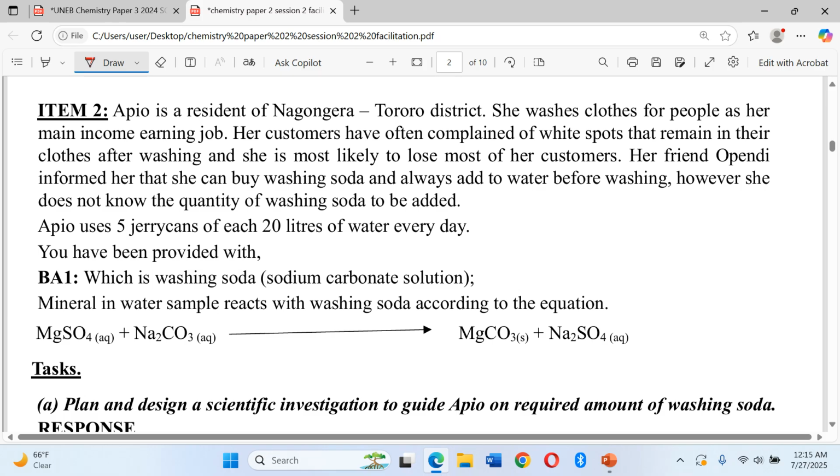We say that the ions responsible for water hardness are calcium ions and magnesium ions. A friend has said you can add washing soda, which is sodium carbonate. And they're giving us an equation which shows the reaction between magnesium sulfate present in hard water and sodium carbonate to form magnesium carbonate and sodium sulfate.